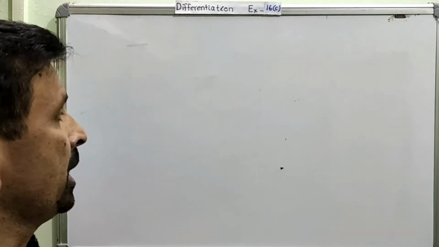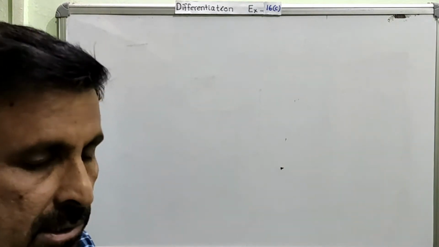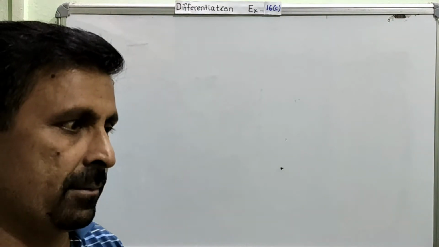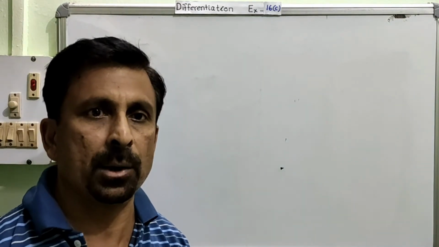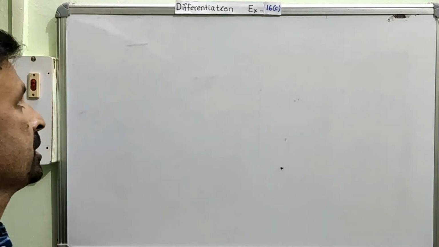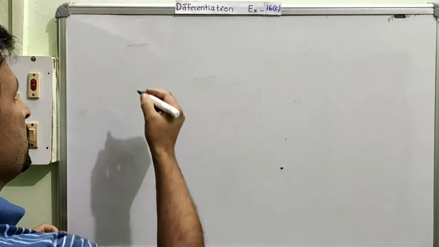So if the algebraic functions are given in the form of product or in the form of quotient, how can we differentiate? We have a differentiation rule for the product form and also for the quotient form. So I'll show you.